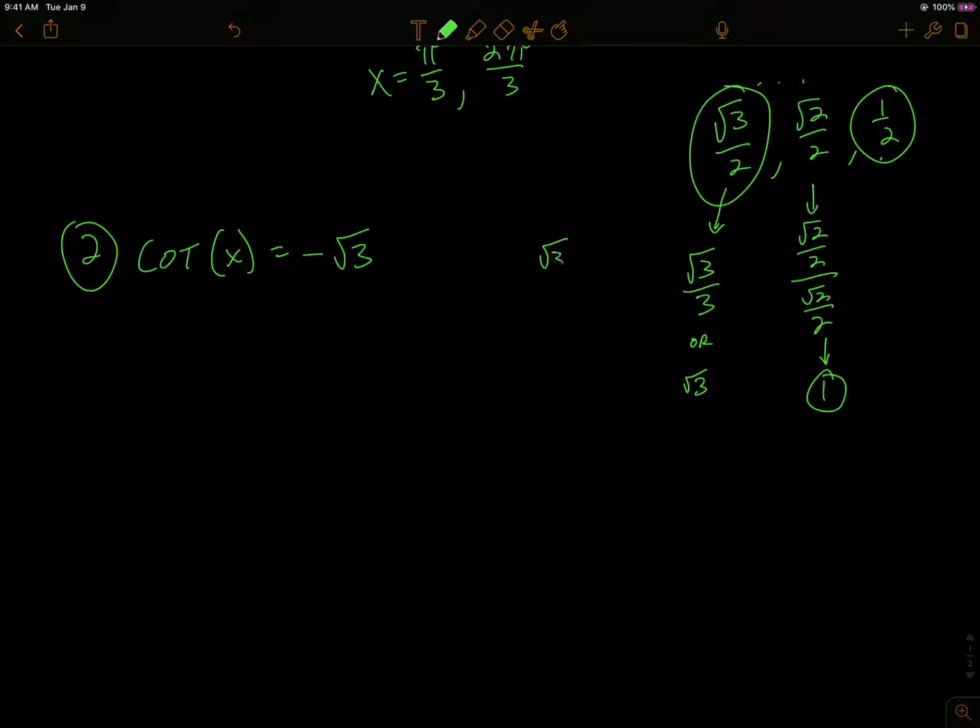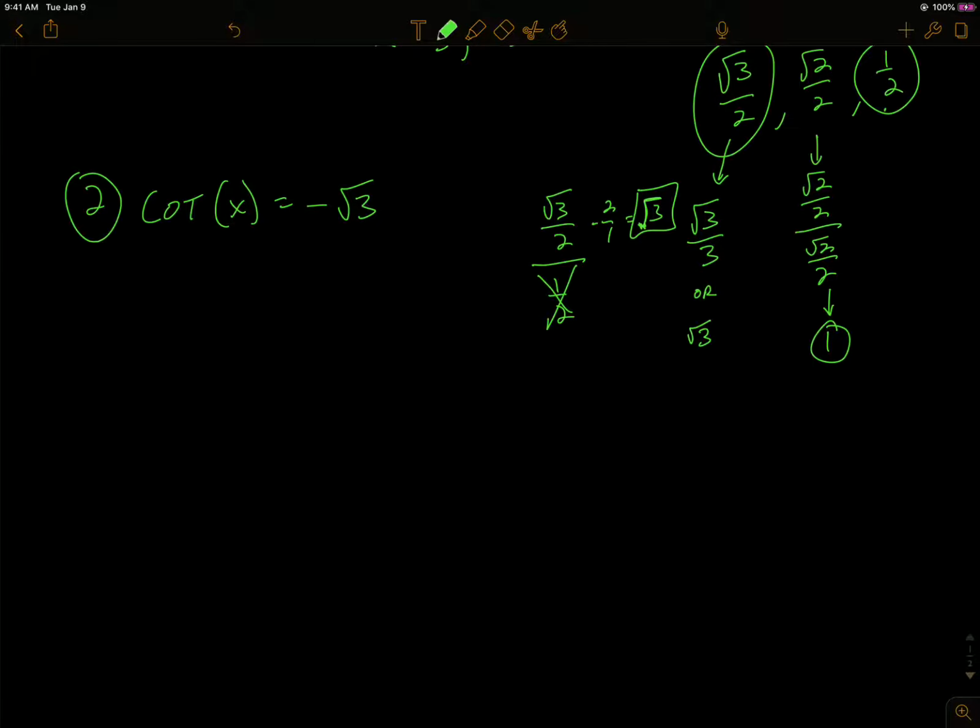If I do the root 3 over 2 over 1/2, instead of dividing by 1/2, we multiply by 2, and that's going to give us our root 3. So we're going to watch out for tangents and cotangents that have root 3. And if the 1/2 is on top, instead of dividing by that, we multiply by 2 over root 3, and we'll get 1 over root 3, and then we have to rationalize, and we'll get root 3 over 3.